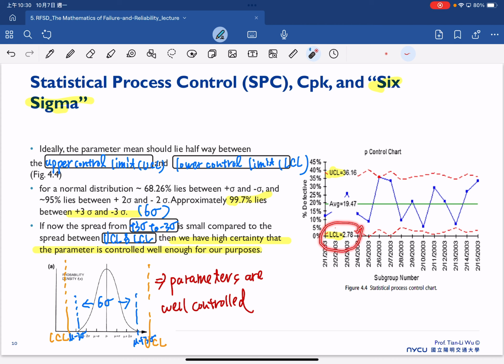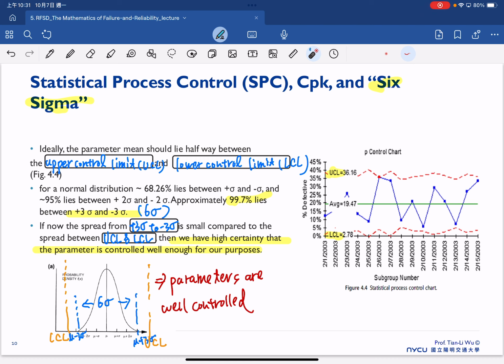So our goal is to make sure the product fabricated over time always lies inside this UCL and LCL. That's generally what we call statistical process control.